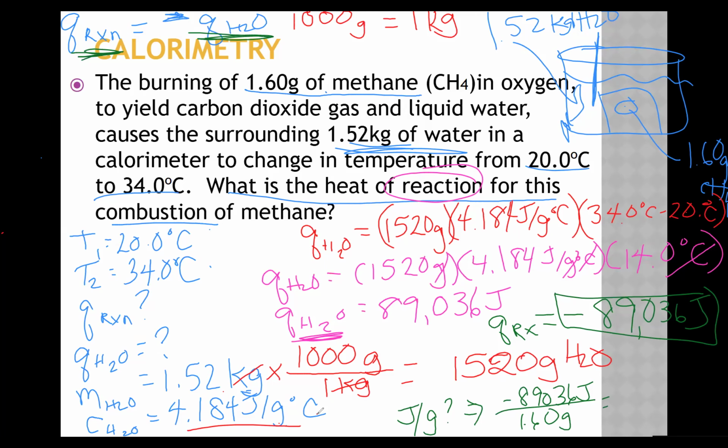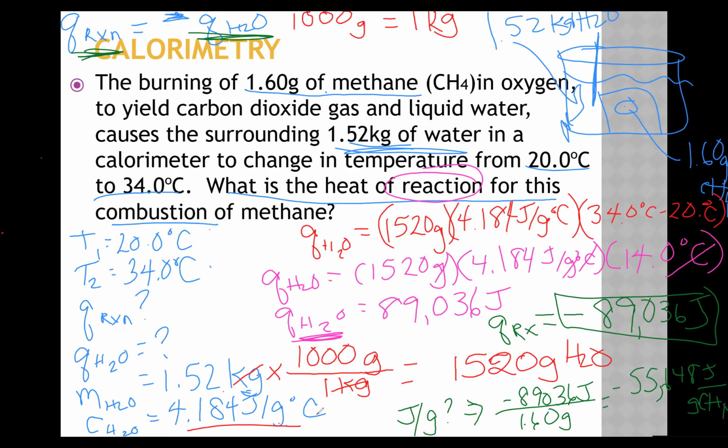They take what they consider a serving, however many grams that is, and then they take the amount of energy that was released and divide it by the number of grams. So if I wanted to know how much energy per gram, I would just say 89,036 divided by 1.6, and this would give me negative 55,648 joules per gram of methane, CH4.